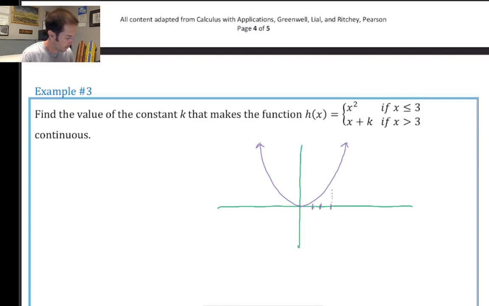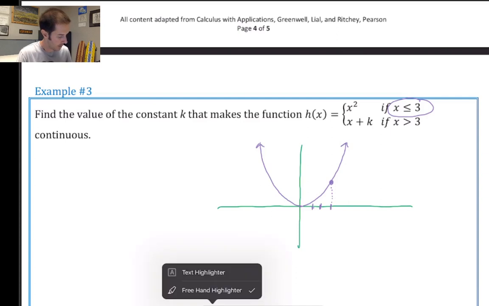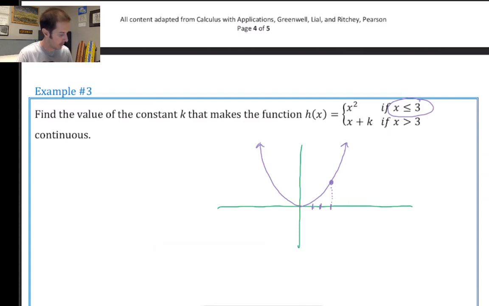So let me come up here to this point, and I've put a closed circle right there because we are including the x value of 3, so that first piece is defined where x equals 3, and then I'm going to erase everything to the right of it, because that part gets defined by the second piece in our function.